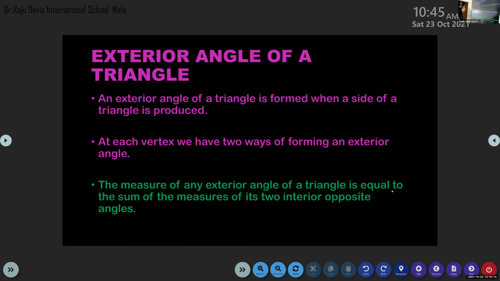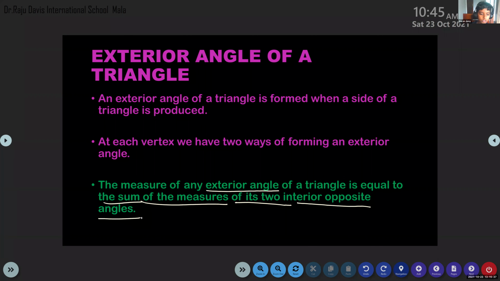The measure of any exterior angle of a triangle is equal to what? The sum of the measures of its two interior opposite angles.